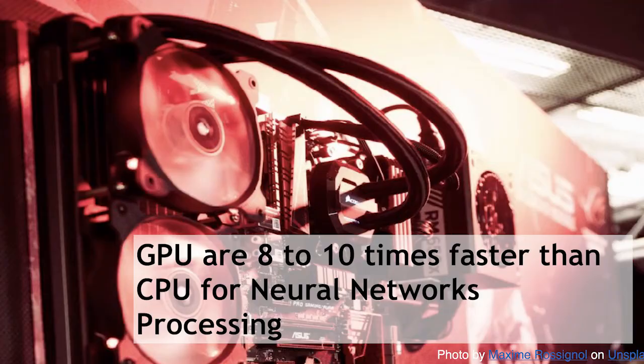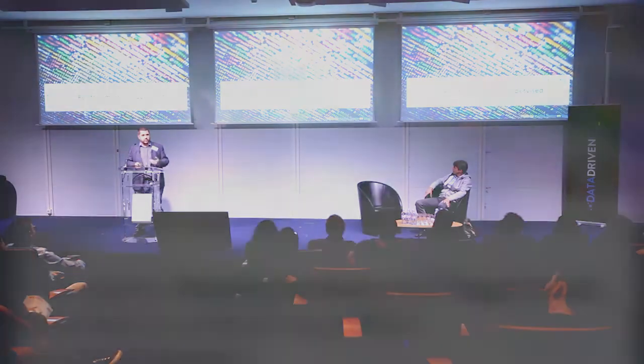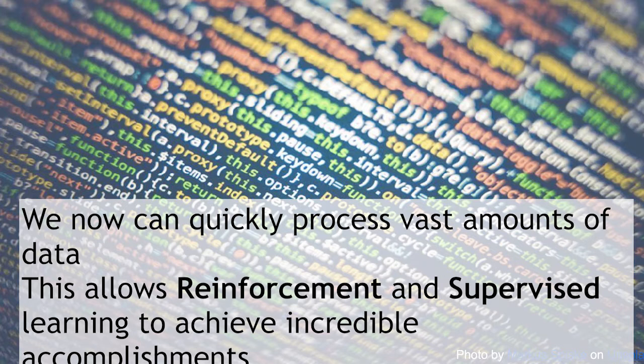In the last 5 years, there has been a tremendous accomplishment for neural networks, and this is largely thanks to GPUs, because GPUs to process neural networks are something like 8 times more powerful than CPUs. So thanks to all this, we can now process vast amounts of data, and machine learning algorithms are able to build really good models.